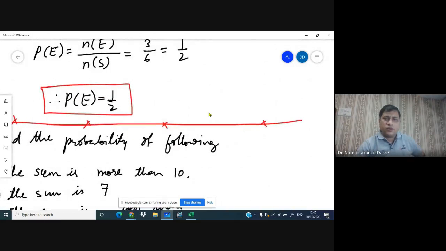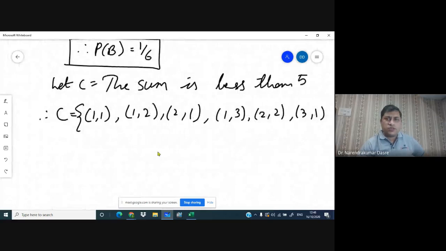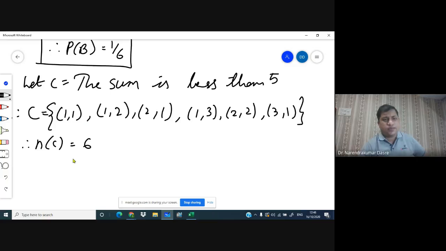Now see these observations: (1,1), (1,2), (2,1), (1,3), (2,2) and (3,1). Now how many observations are there in this event? So n(C) is equal to 6.